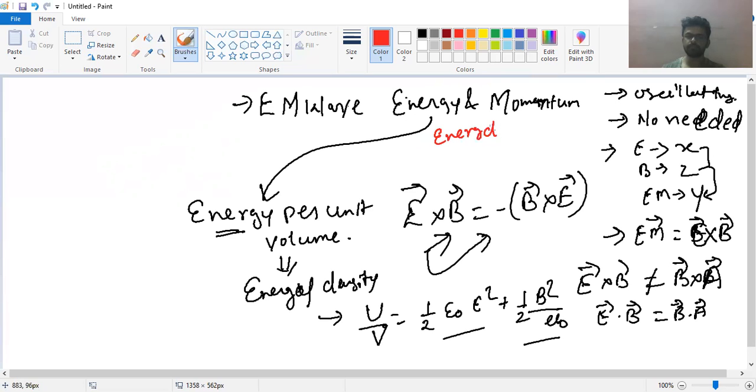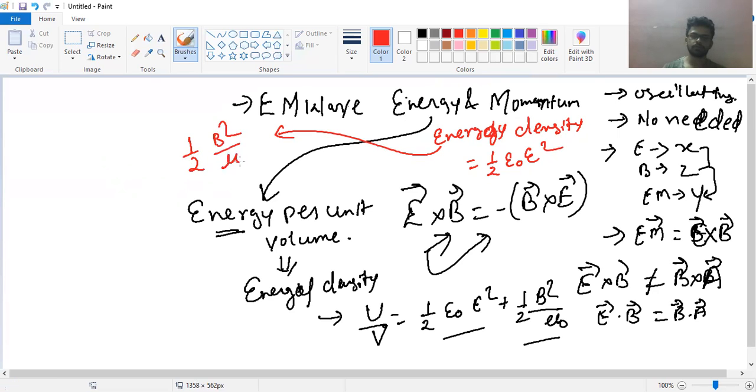If you have not read it, we will go through this topic once again in electrostatics. The energy density of an electric field is half epsilon E square, and the energy density of a magnetic field is always half B square by mu.